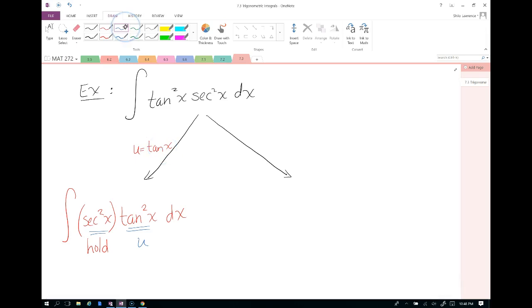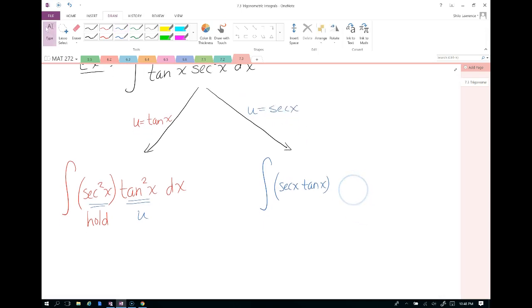It's always good to write out your other option. Sometimes both ways will work, and one way might be easier. The other option is to hold on to a secant tangent. If we were to do a u substitution for secant, we would need its derivative in there to cancel later when we brought the dx substitution back in with the du.